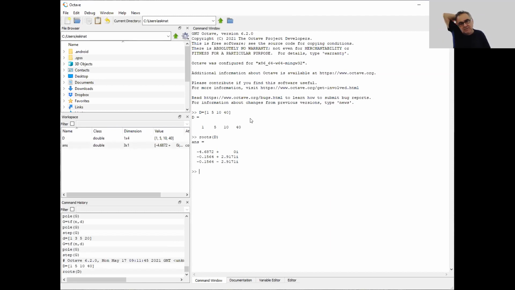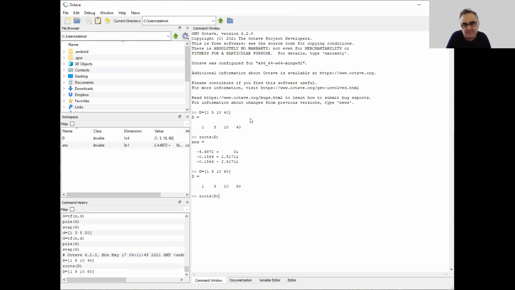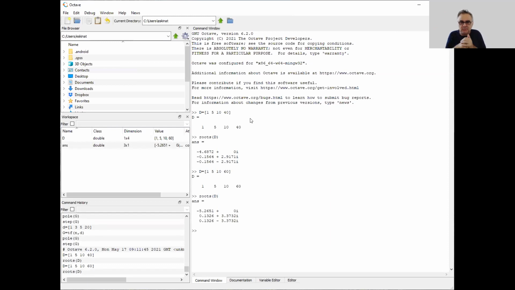As you see, these are all negative, okay? Whereas if we look at the second one, this is 60. If you look at the roots, now the two roots, which are complex conjugates, have become positive. So the first one has stable roots, whereas the second one has unstable roots, with two unstable roots, as you see.